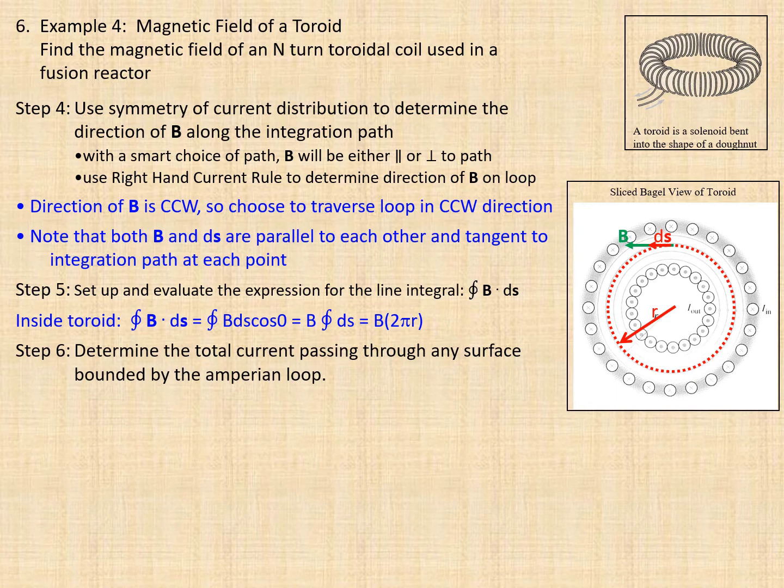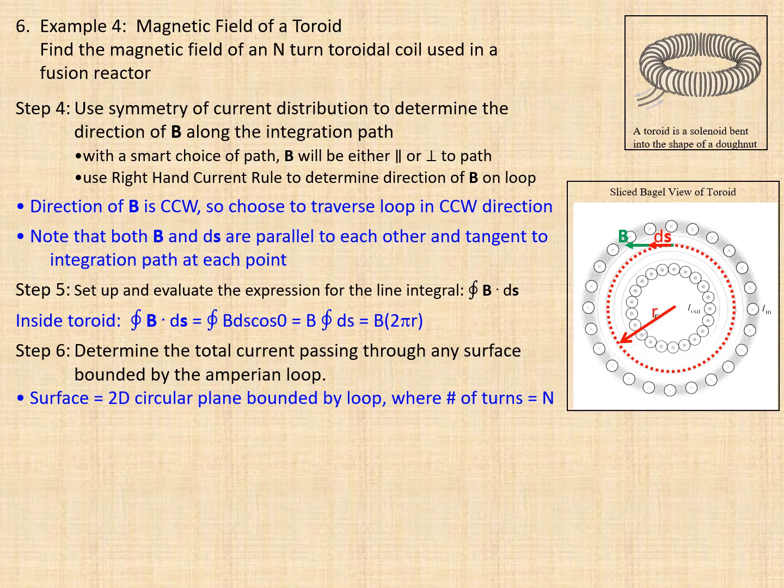Determining the current passing through any surface bounded by that Amperian loop, if we look at a circular plane of radius r, we see that the number of coils, the number of turns, is capital N, and each of those turns has current which would penetrate that surface.